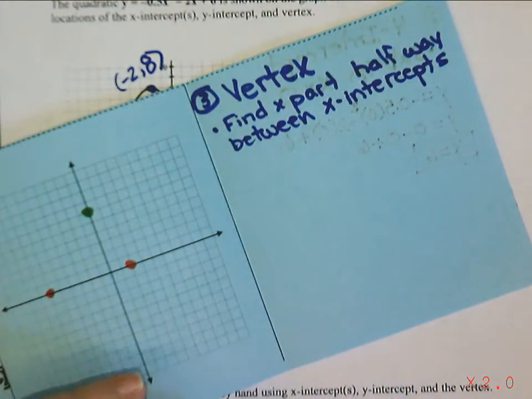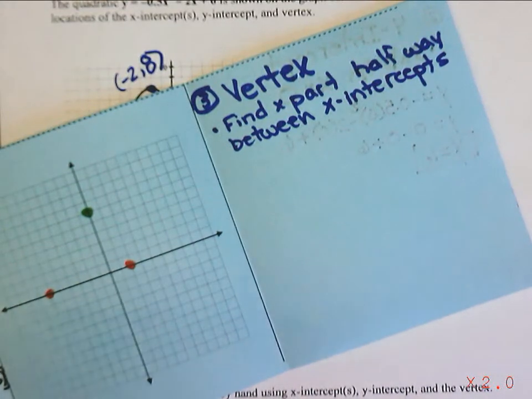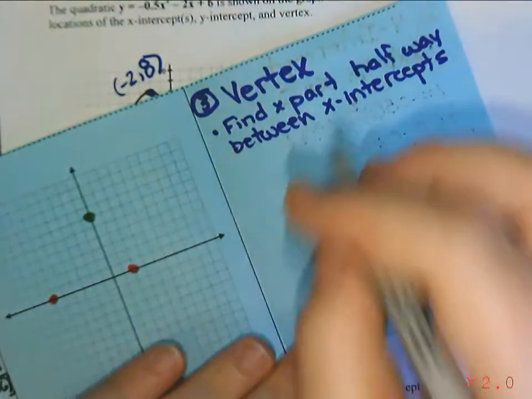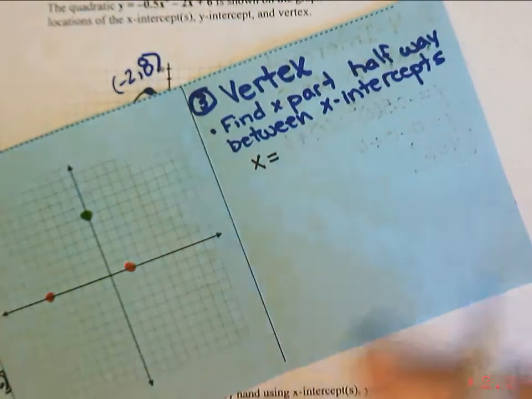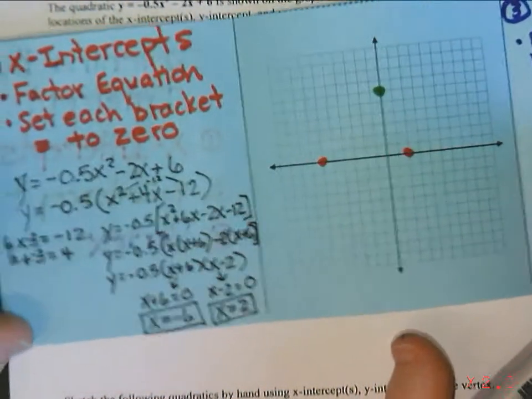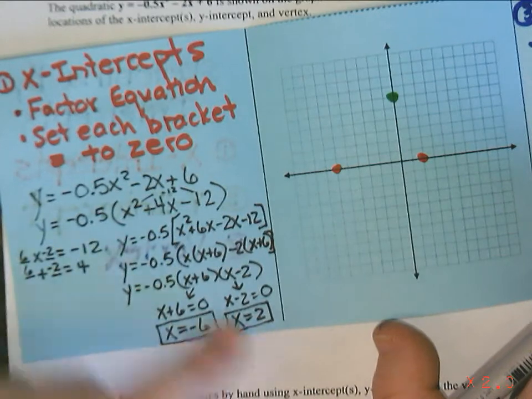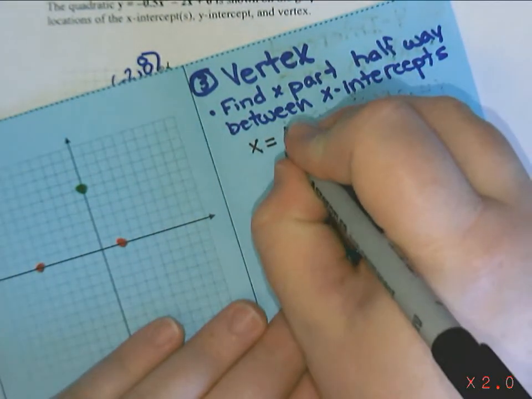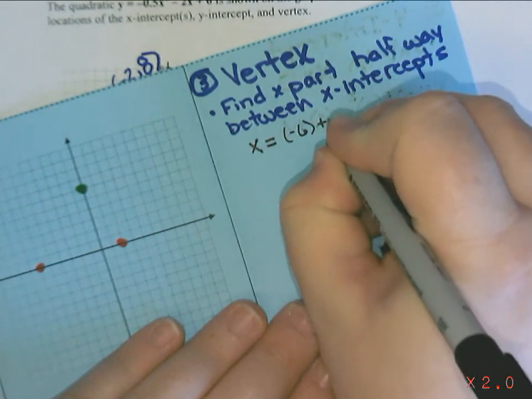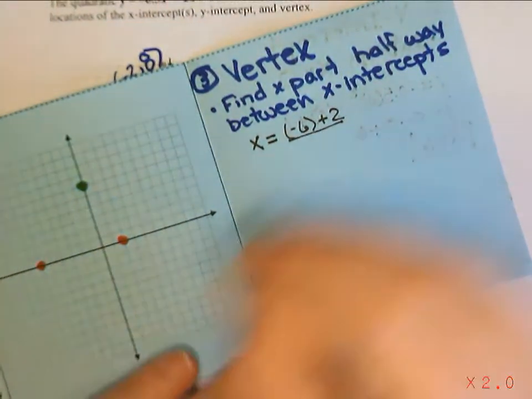Okay, and you can do that by just looking at the graph, or you can add your two x-intercepts together. So I'm going to try doing that. So x is going to equal, we said here our two x-intercepts were -6 and +2. So I'm going to add -6 and +2 together. So -6 plus 2, and then we divide it by 2.